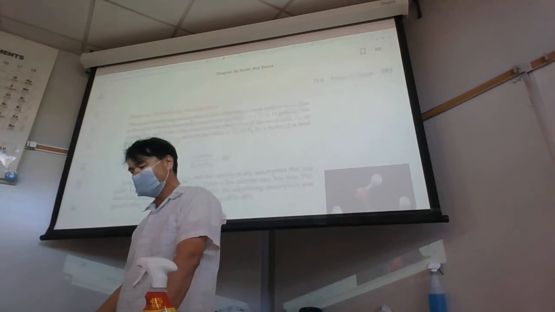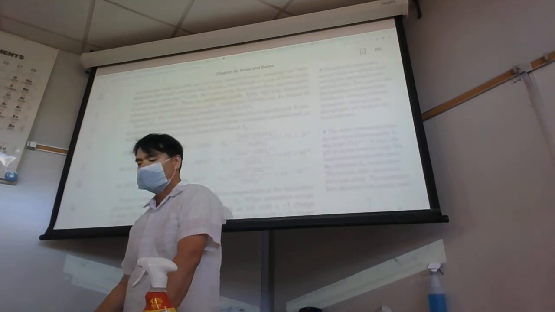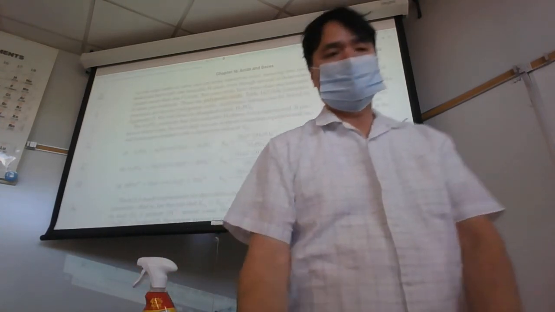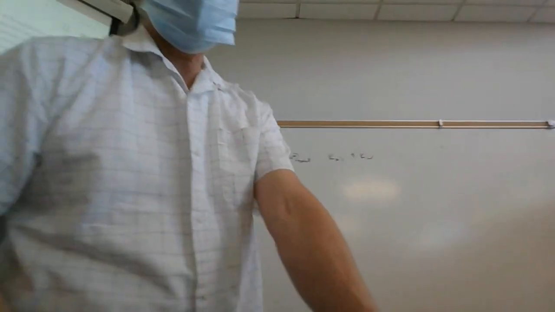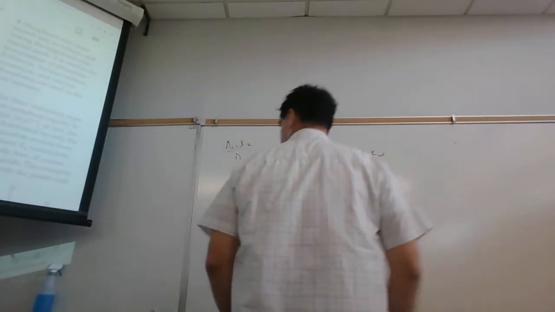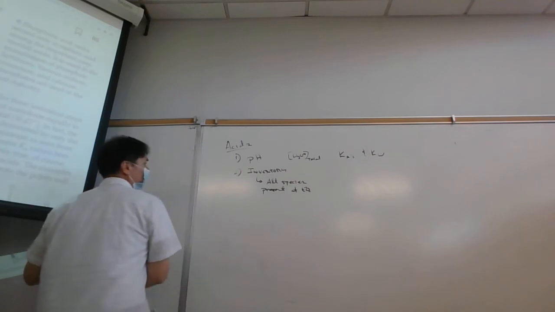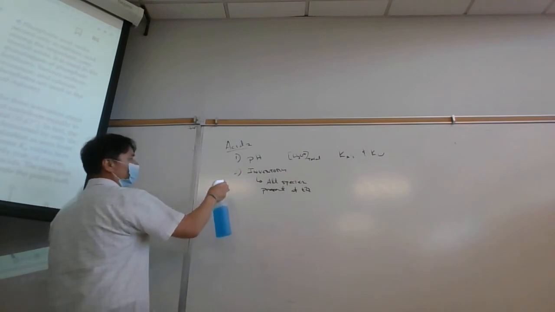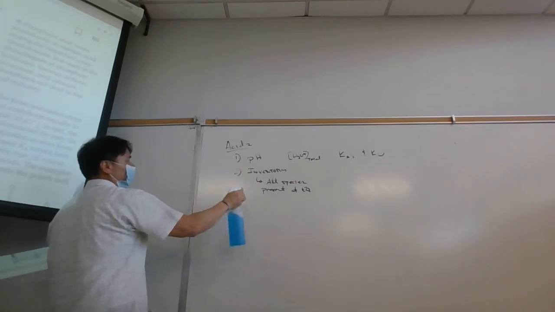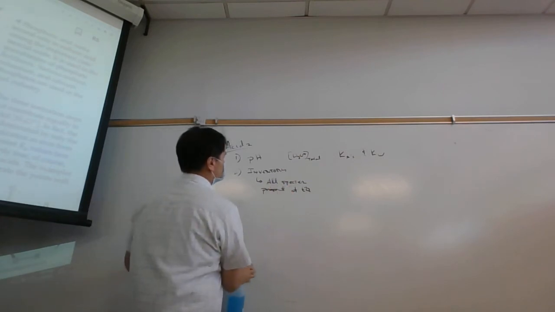So let's just do this first calculation here. I'm going to use your book's example. We're going to look at it in more depth, and we're going to do both 1 and 2. This is what we did here.